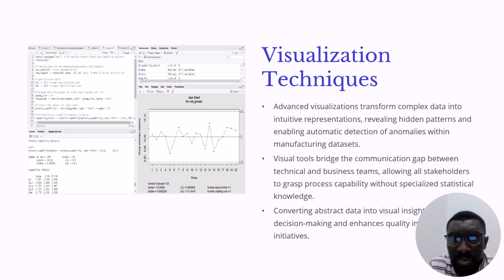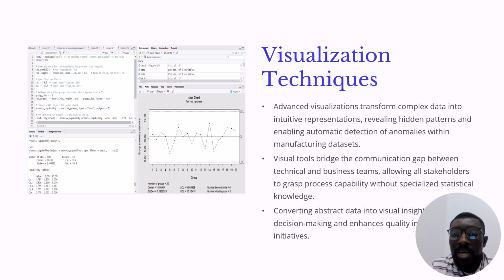And what is the goal of the visualization techniques? Well, it is to transform complex data into intuitive representations, which reveal hidden patterns and enable automatic detection of anomalies within the manufacturing data sets.